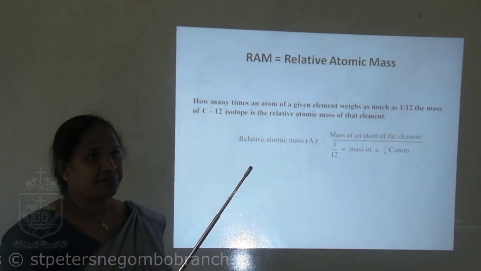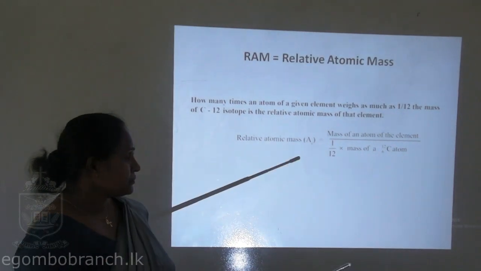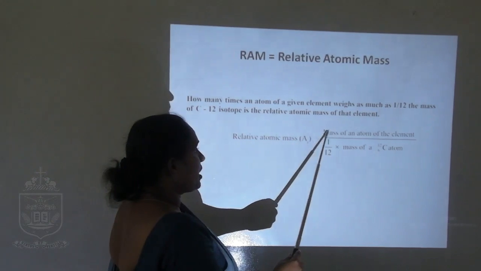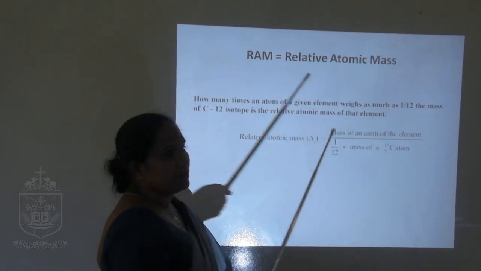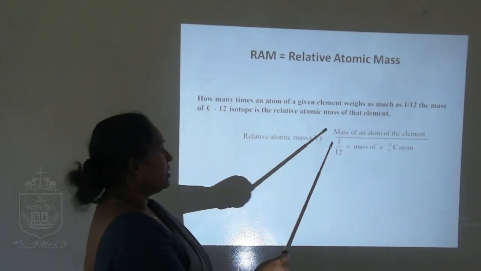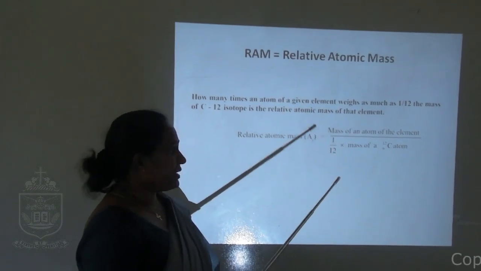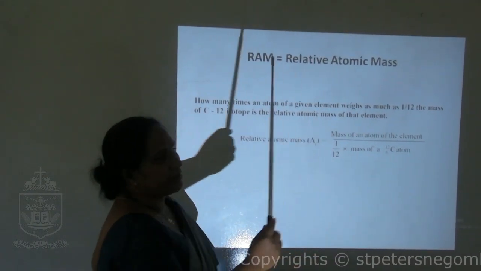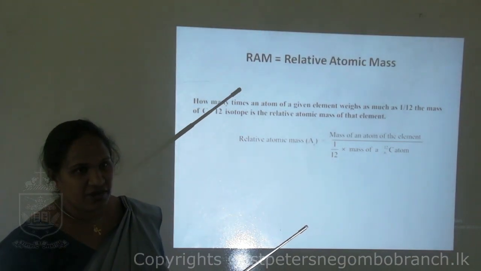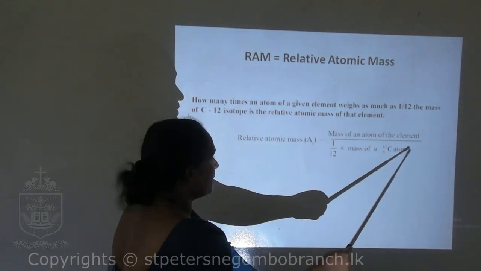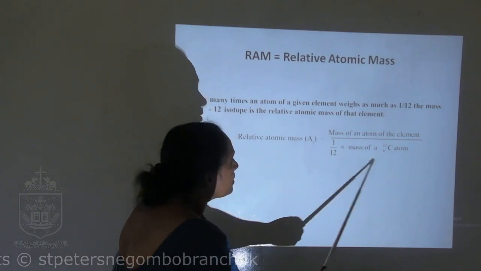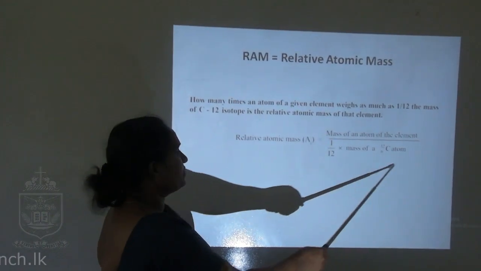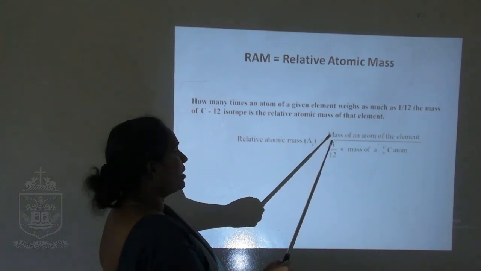For example, if you want to find the relative atomic mass of sodium, you have to write here the mass of the sodium atom, and after that it is divided by atomic mass unit. Instead of this part, we can write atomic mass unit. This is the equation we use for the atomic mass unit.